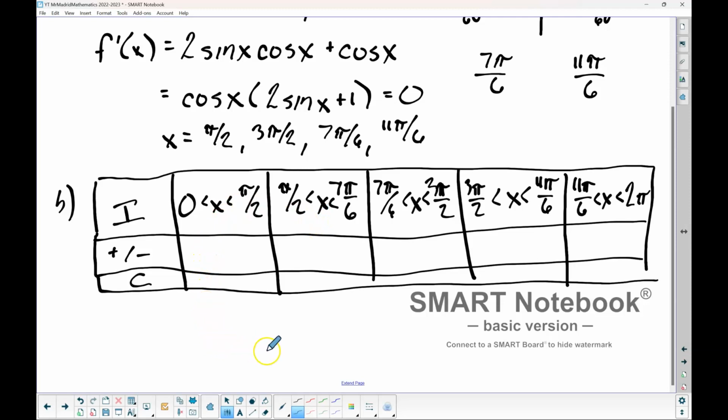All right, so as you're going to notice, there's a quick way to pick special values to help you decide if it's positive or negative. So here's what we're doing: is the derivative at a given value in this interval going to end up being positive, negative, or equal to 0?